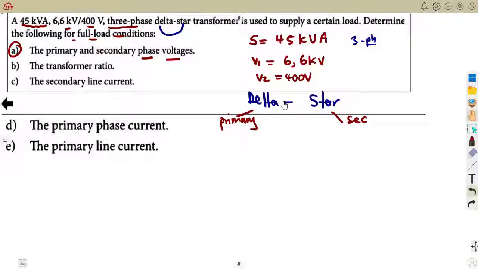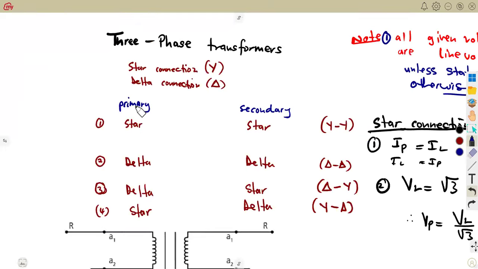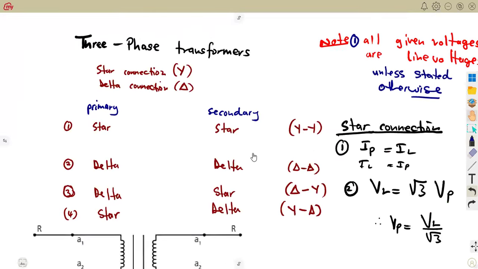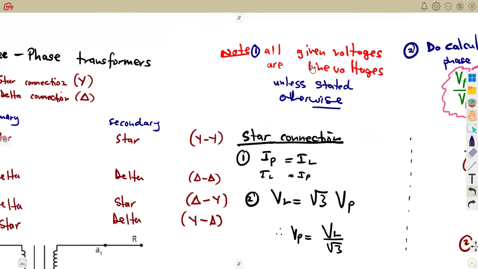Is there a need for us to use the transformer ratio there? No, there's no need, guys, because this is just a matter of converting. Like I said, originally all given voltages are line voltages unless stated otherwise.